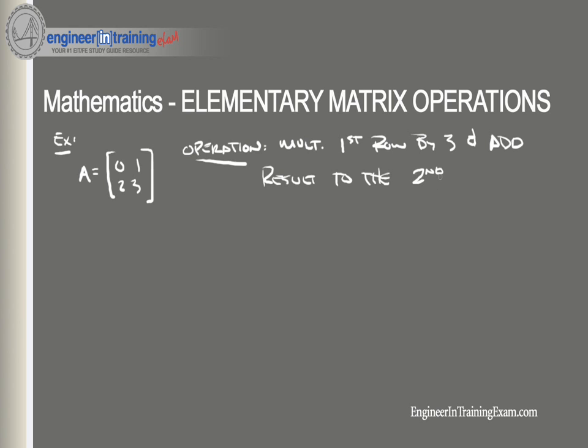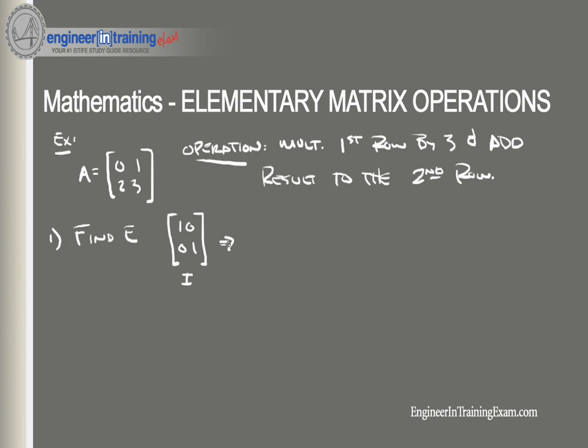So once again, our first step is to find E, the elementary row operator. Since we're doing row operations, we need an R by R identity matrix, so it's going to be a 2 by 2 identity matrix, 1 in the diagonals, 0 elsewhere. So that's I. Now to determine our elementary row operator, we need to complete the operation on this identity matrix.